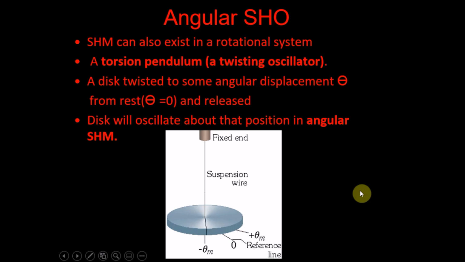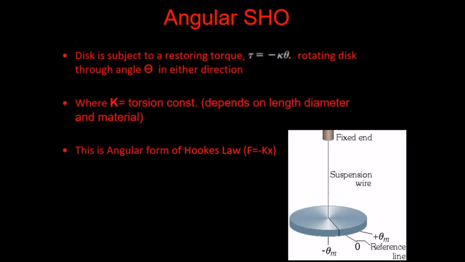Now, in this particular case, we have to look at a slightly different force. In the case of the mass bouncing on the spring, we could look at the linear force, and that force was proportional to k, a spring stiffness constant. If we looked at the case of the pendulum, then we were really just looking at L and g. But in the case of this disk, there's going to be a restoring torque, a torque that wants to take this disk and make it swing back towards equilibrium.